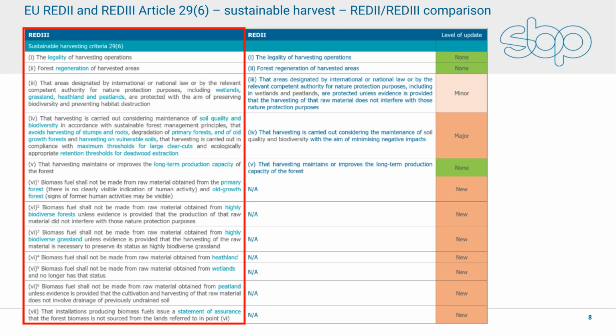The RED 3 sustainable harvest criteria are shown in the red box. You may notice that some of the wording looks very similar to indicators in SBP Standard 1. That is intentional, but, as explained earlier, EU RED uses its own legal language, which is why these criteria are set out in the EU RED bridging document rather than only in Standard 1.